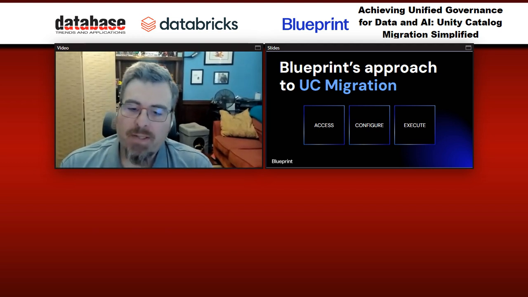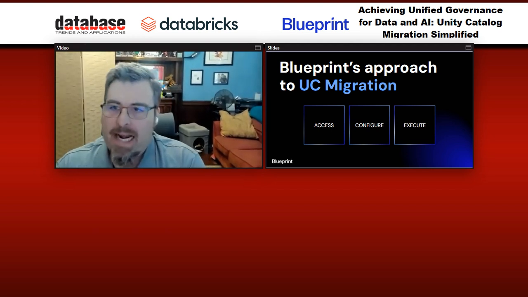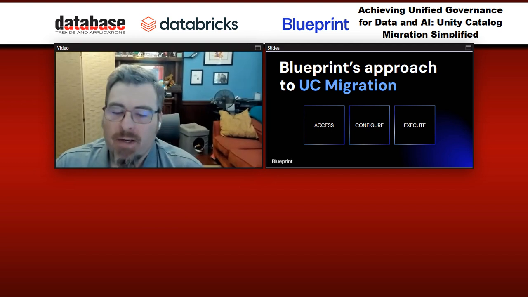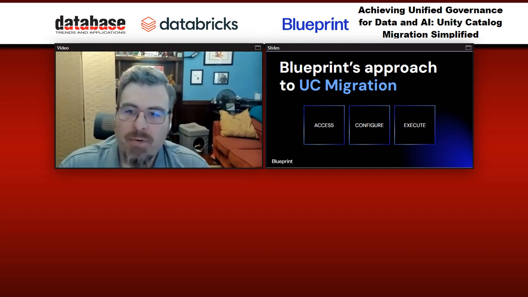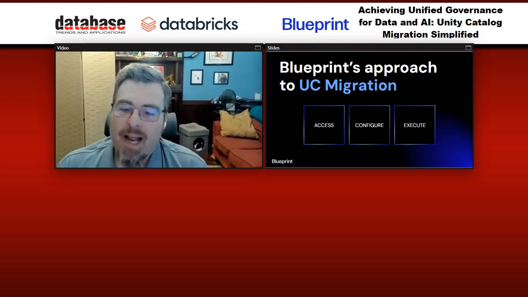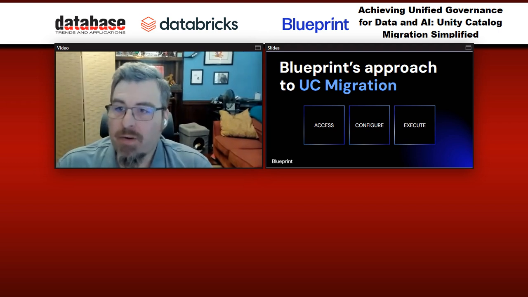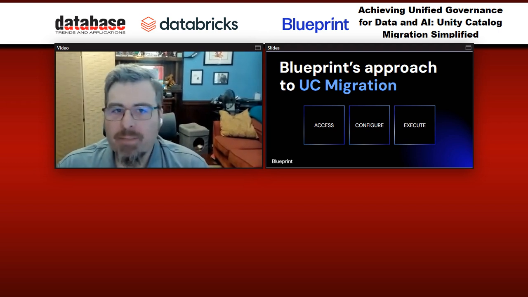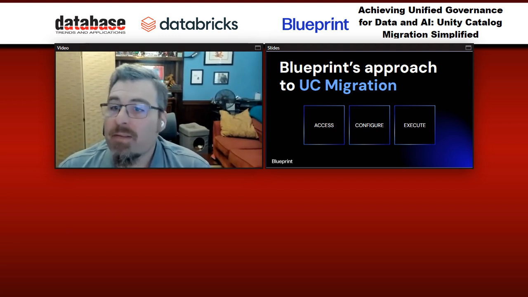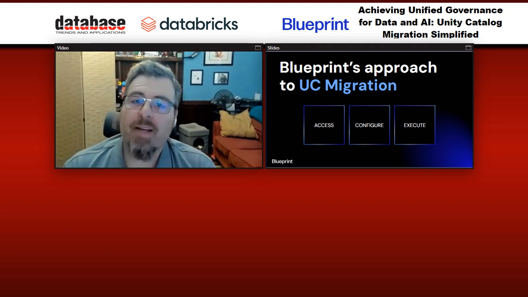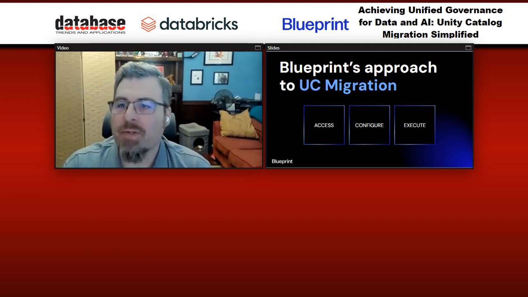And the reason we want all this information is that enabling those features to use Unity Catalog and be accessible through Unity Catalog means you're going to have to decide on a configuration. For example, if you've got data stored in DBFS root, well, to move forward, you need to move that into some sort of cloud storage, some sort of external storage.